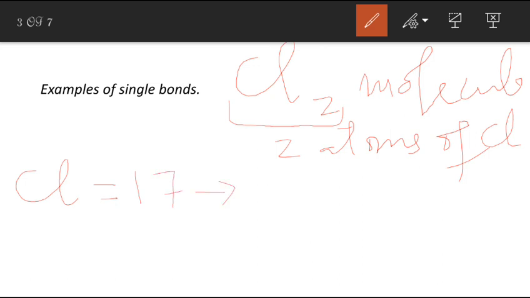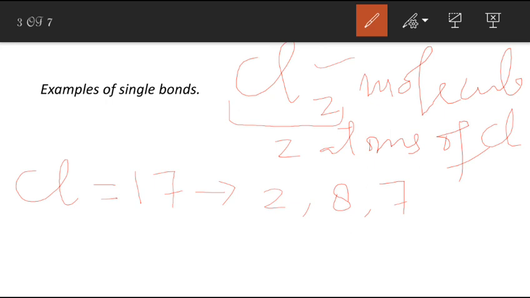Its electronic configuration is 2, 8 and 7. So a chlorine atom is very reactive and it cannot exist free because it does not have a stable electron arrangement. So in order to become stable, it reacts with another chlorine atom and forms a Cl2 molecule.